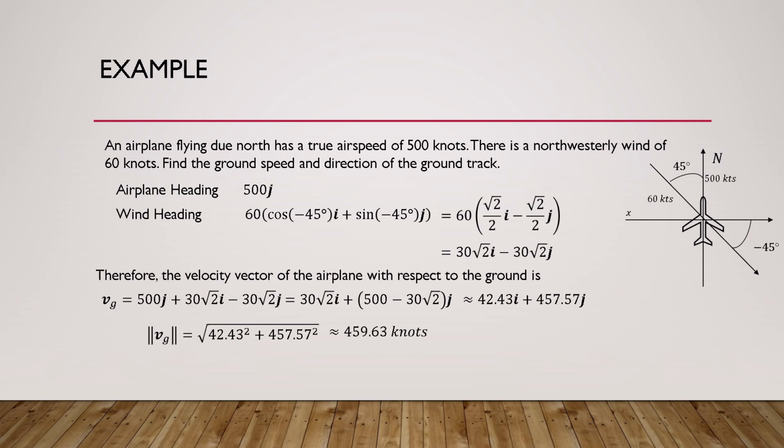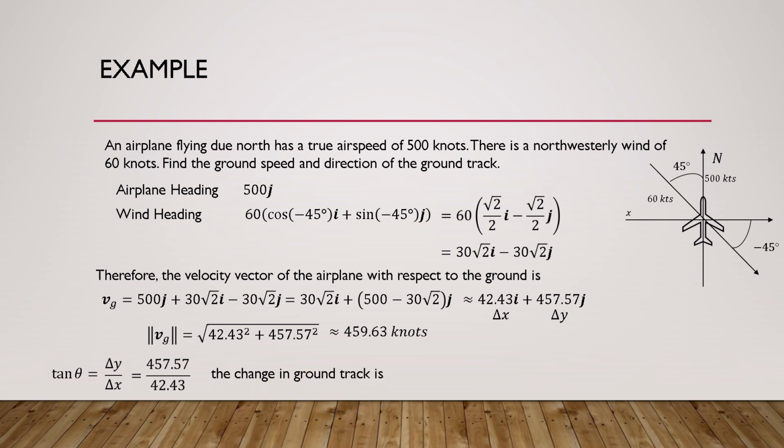To find the ground track, we first understand that the value 42.43 is a change in x and 457.57 is the change in y. If we establish the angular change in ground track as theta, then tangent theta equals delta y over delta x, or 457.57 over 42.43.